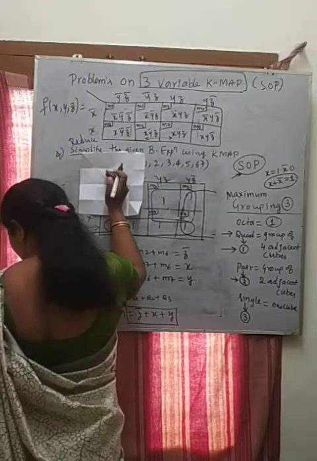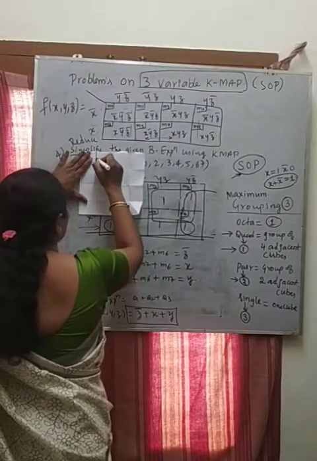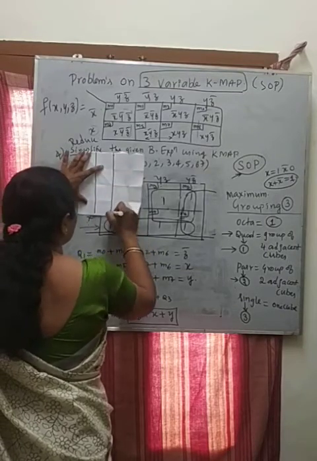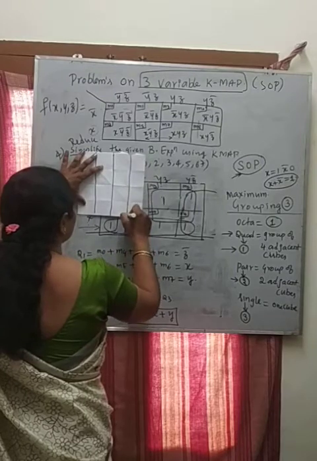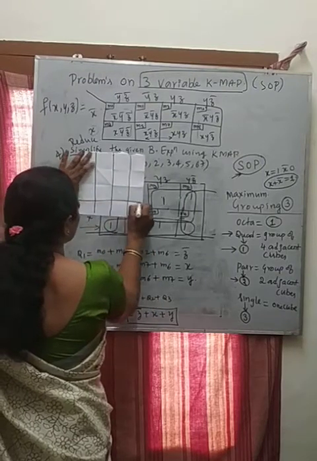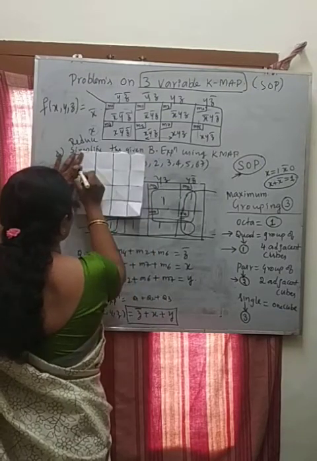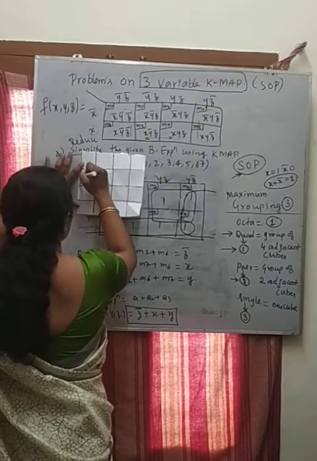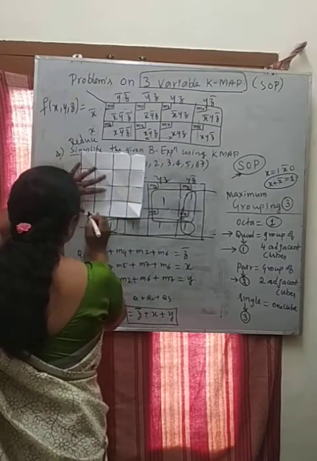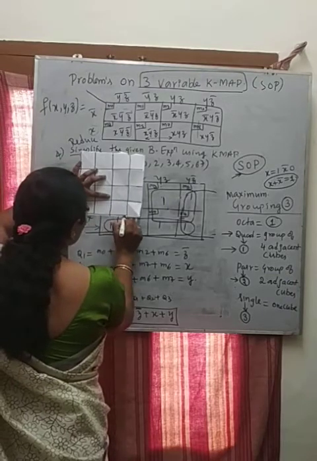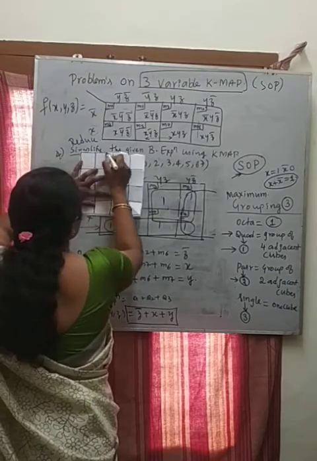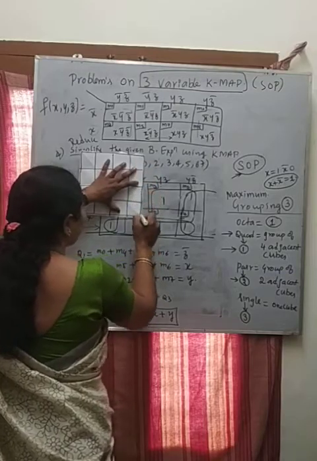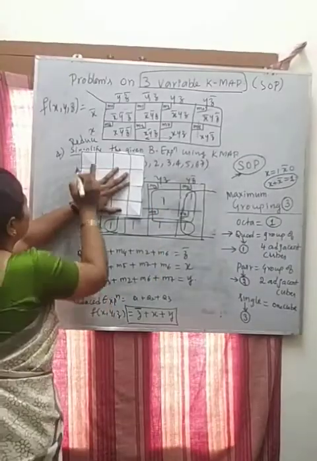Take a pen or pencil. Draw like this. 16 cubes. Draw the outline also and keep it. You have your 4 variable map with you, right?